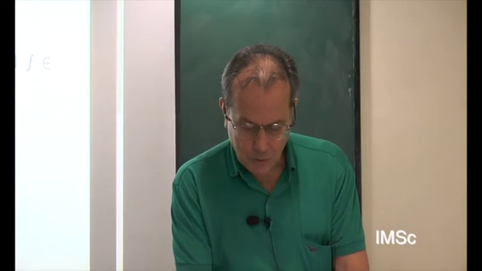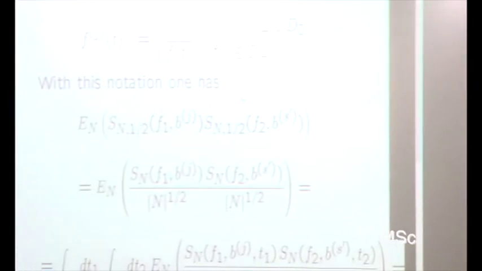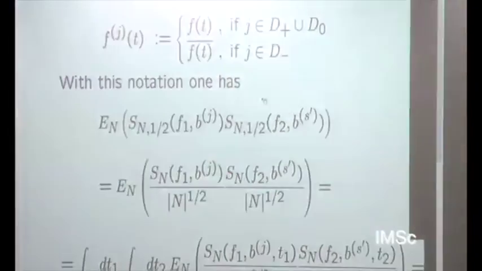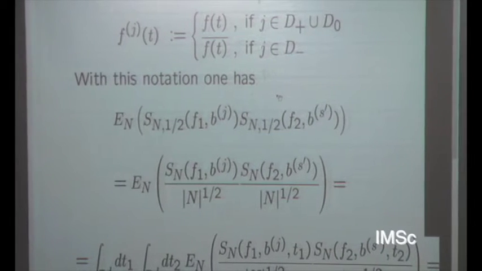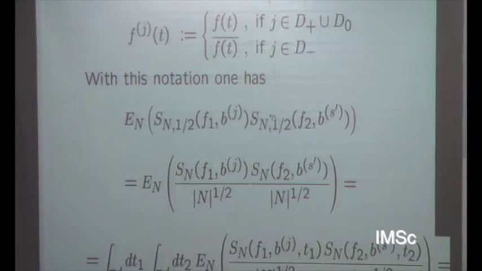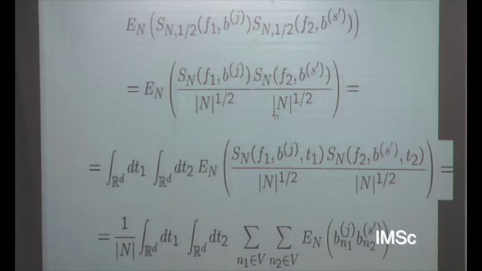Okay, so let me show where the difficulty of the proof is, and then we separate analysis from algebra, and then we prove the analytical theorem. Okay. So, compute the covariance. The covariance, by definition, is this one.